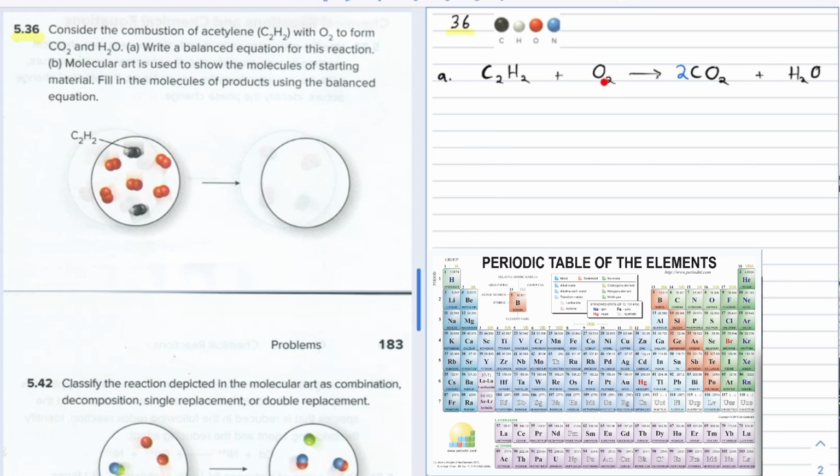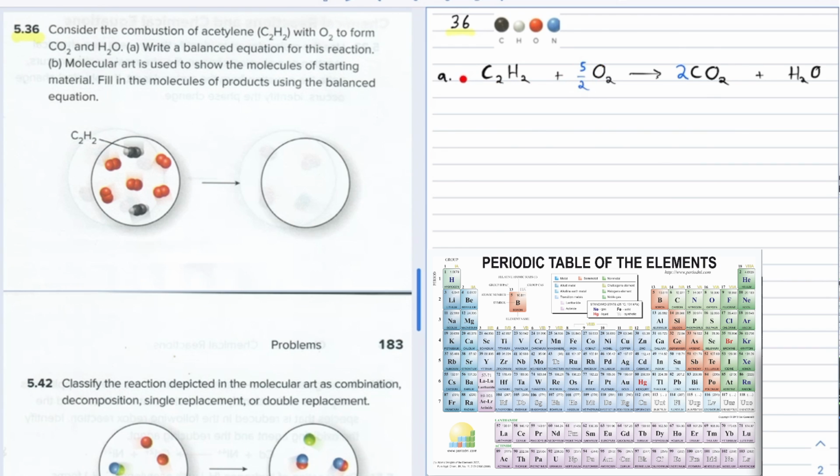Okay, so let's bring this up to match the 5. And we can say that the coefficient here would be 5 halves. So 5 halves times 2 is 5 on the left. Now this is a balanced equation. Coefficients 1, 5 halves, 2, and 1 does balance the equation. But we need whole numbers, and we got to get rid of this fraction.